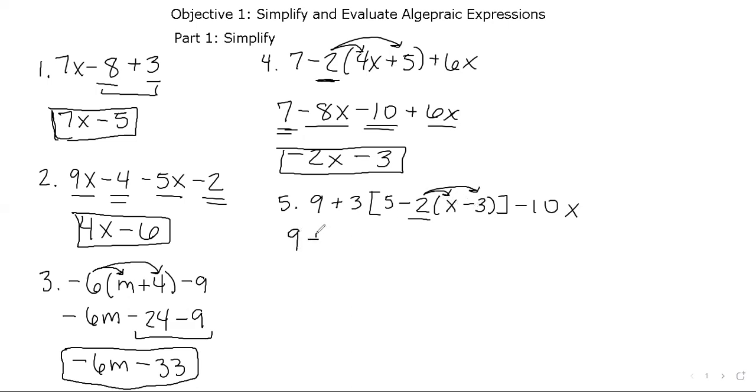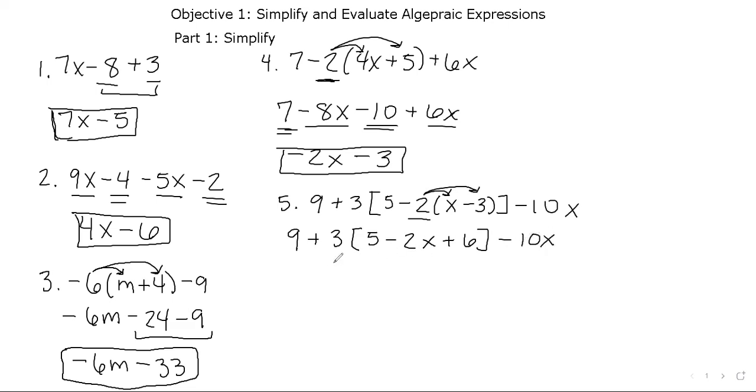So we got 9 plus 3, open bracket, and then the 5. So negative 2 times x is negative 2x. Negative 2 times negative 3 is going to be positive 6. Want to close that bracket and bring down the minus 10x.